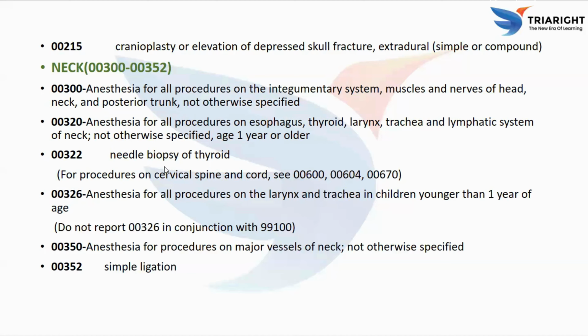For procedures on the cervical spine or spinal cord, you should not use codes like 00600, 00604 and 00670, because these are not the neck codes. You should not use this for cervical spine or spinal cord. And 00326 is for procedures on the larynx and trachea in children younger than 1 year of age. And 00350 is for major vessels of neck. And 00352 is for ligation, simple ligation.